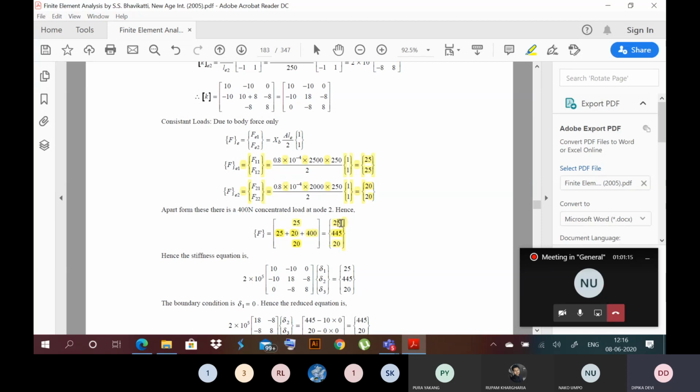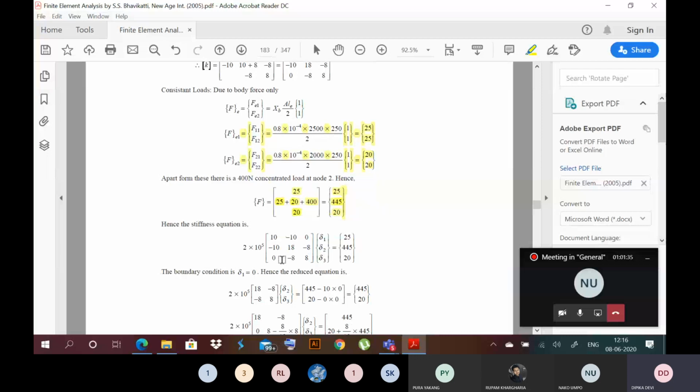It should be 25 plus R1. Here it is not written, but I think it should be written. R1 is the reaction at node 1 because at node 1 we have support.